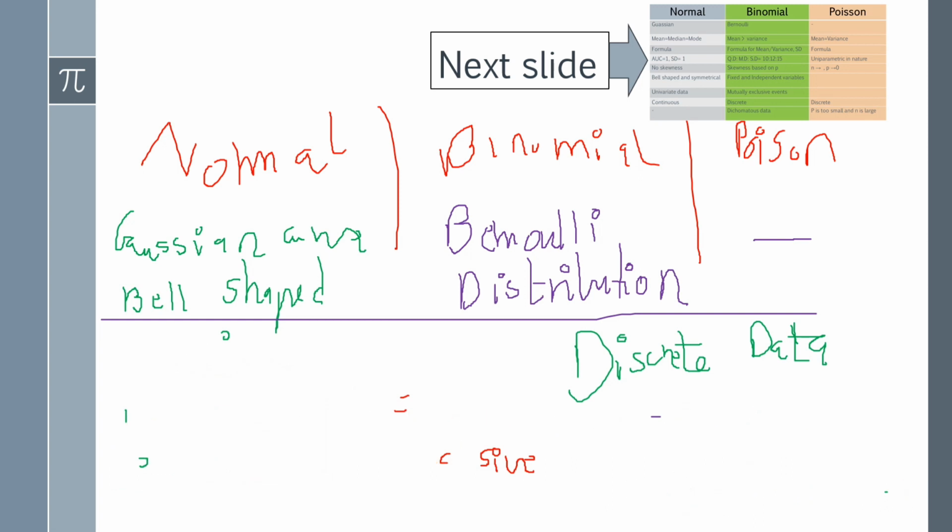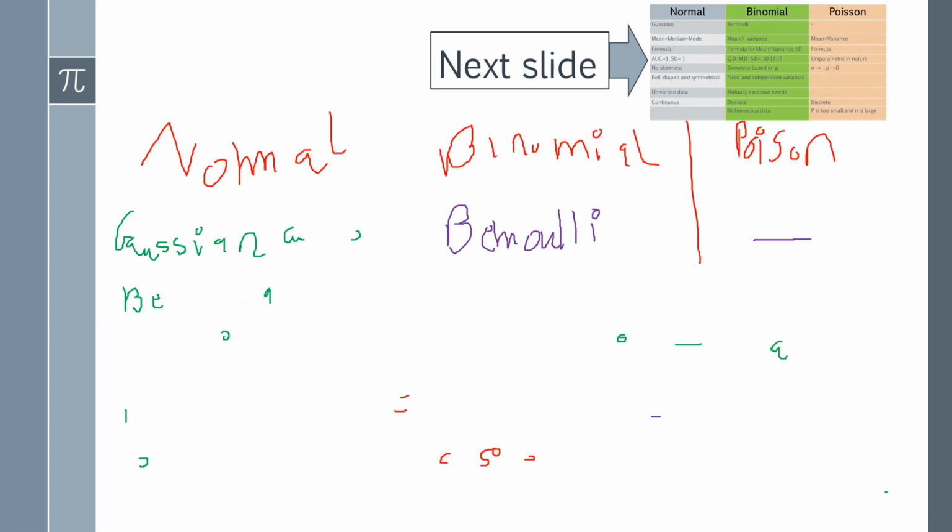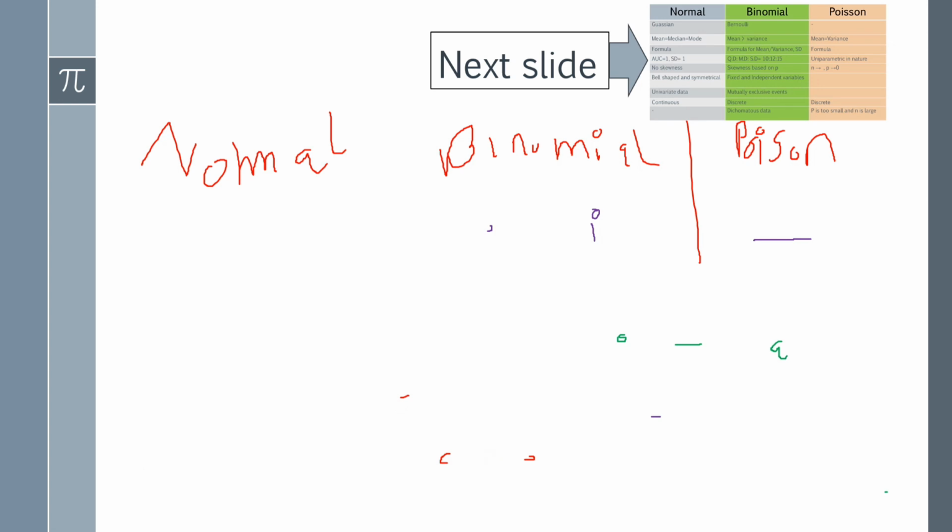Now the next very important thing is the phenomenon of mean, median and mode, which is also called central tendency. In a normal distribution curve, mean is equal to median is equal to mode. So mean, median, mode are all equal.